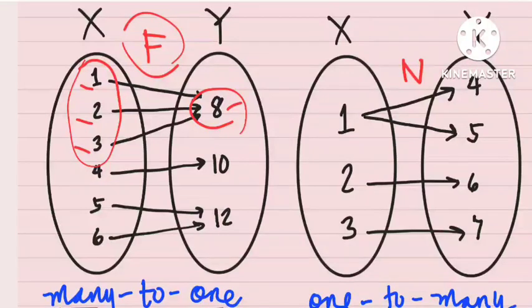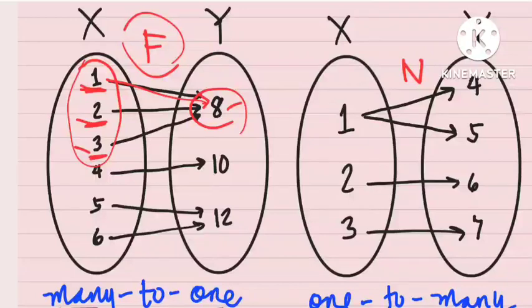We still follow the definition that every element in the domain should be related to only one element in the range. So you might get confused here because we see that many elements are connected to only one element in the range. But if you think of it, 1 is connected to how many elements in the range?